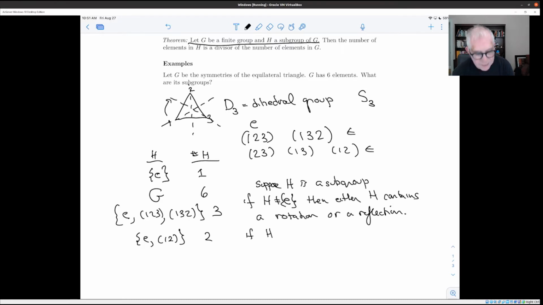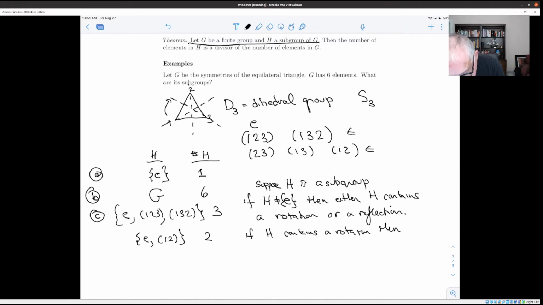This is going to be a sort of analysis by cases, and what we're going to show is that if we have a subgroup, then it's already on our list. So if it contains a rotation, then let's call these groups A, B, C, D. Either H is case C, meaning it's just all the rotations, or H also contains a reflection.